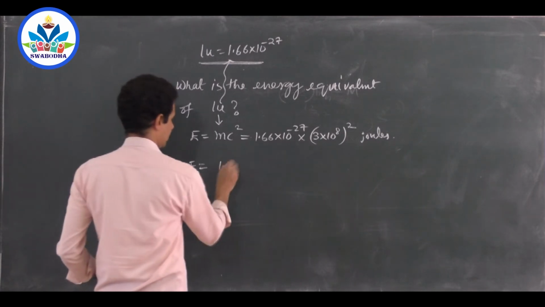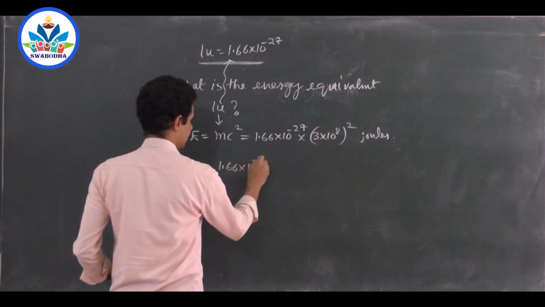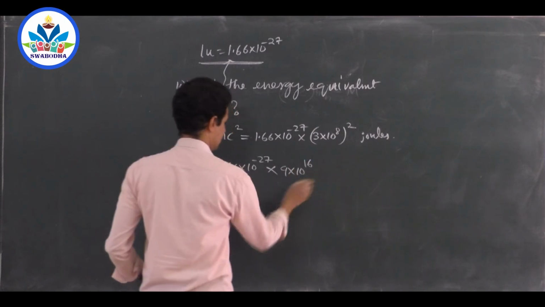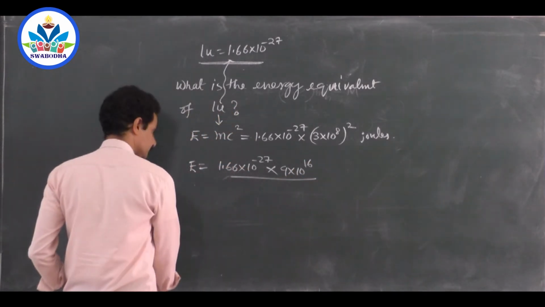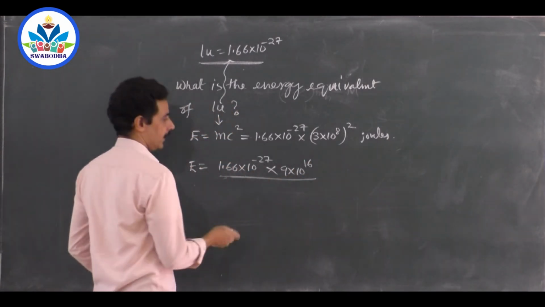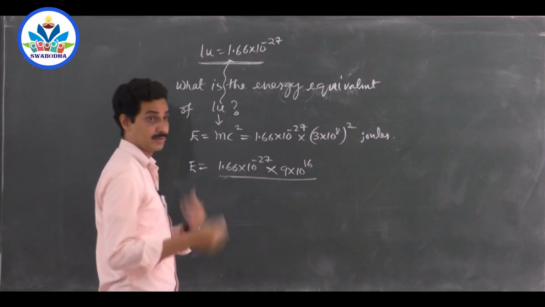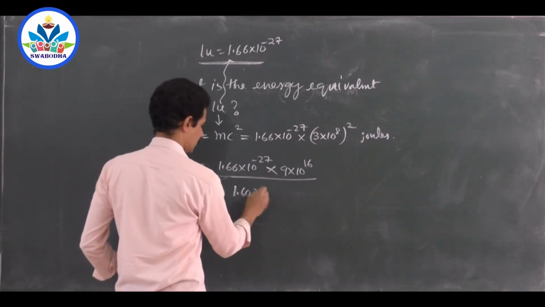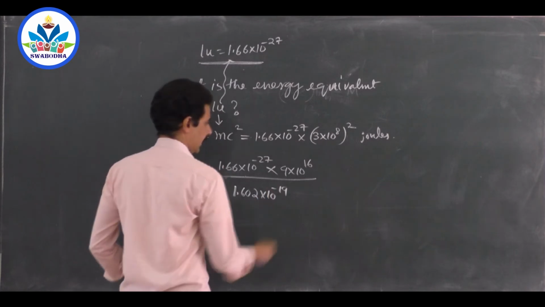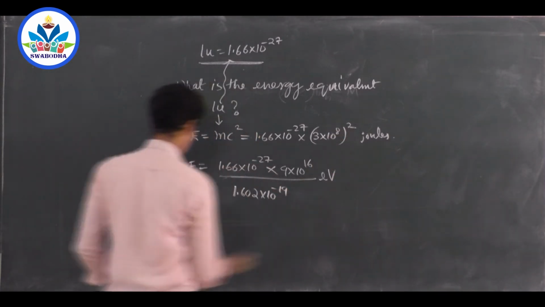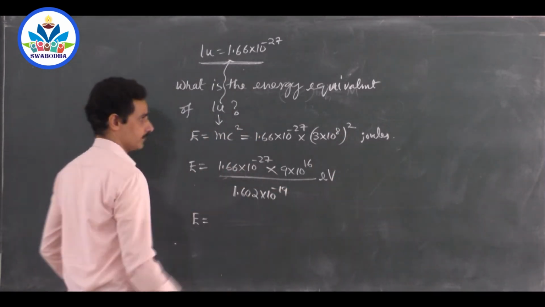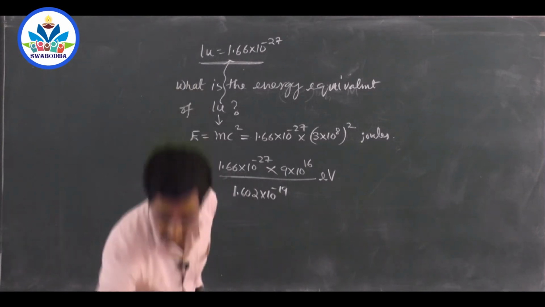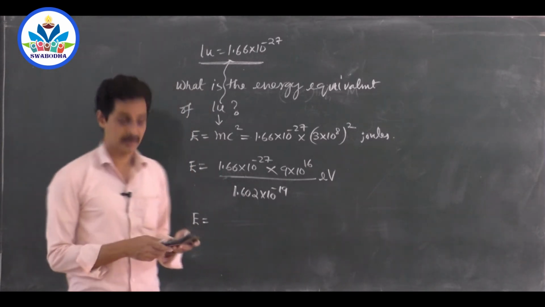That is equal to 1.66 into 10 to the power minus 27, 9 into 10 to the power 16 divided by, you know how to convert energy in joules to energy in electron volt, 1.602 into 10 to the power minus 19, and so many electron volt. So what is the energy equivalent of 1 atomic mass unit? See the words here, energy equivalent of 1 atomic mass unit, right?